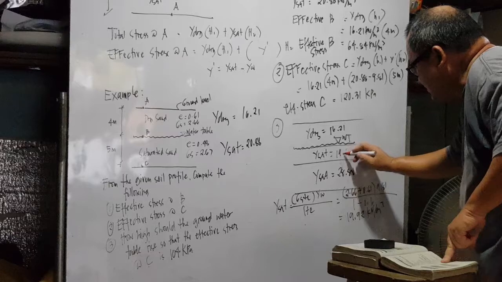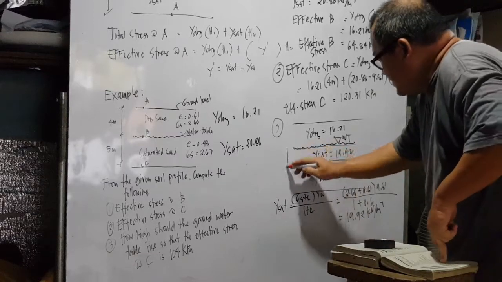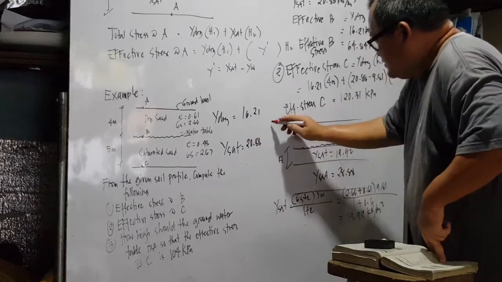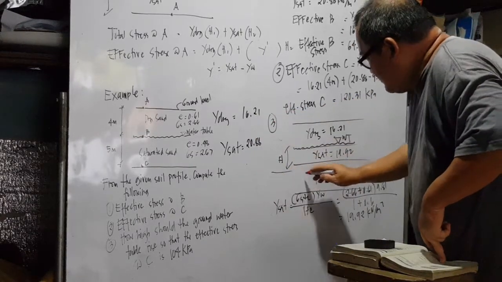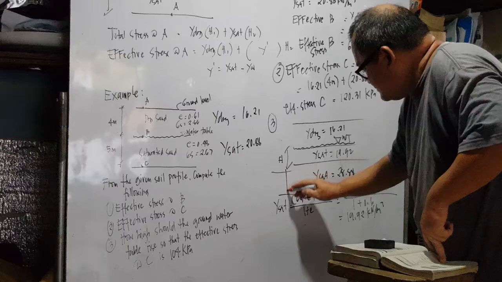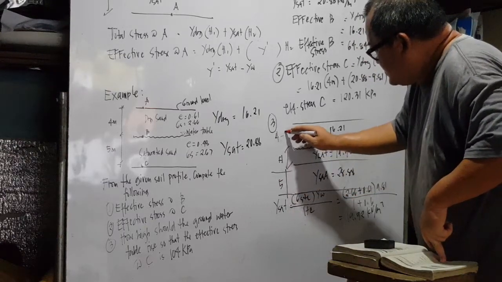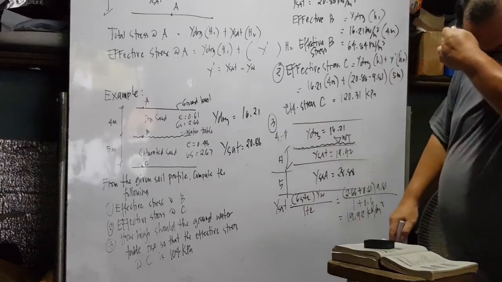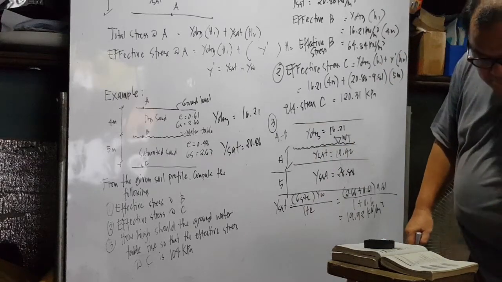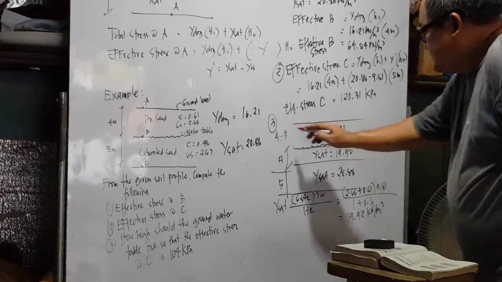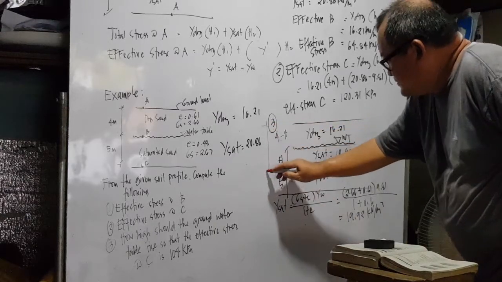So this will be H, this will be 5, this will be 4 minus H.